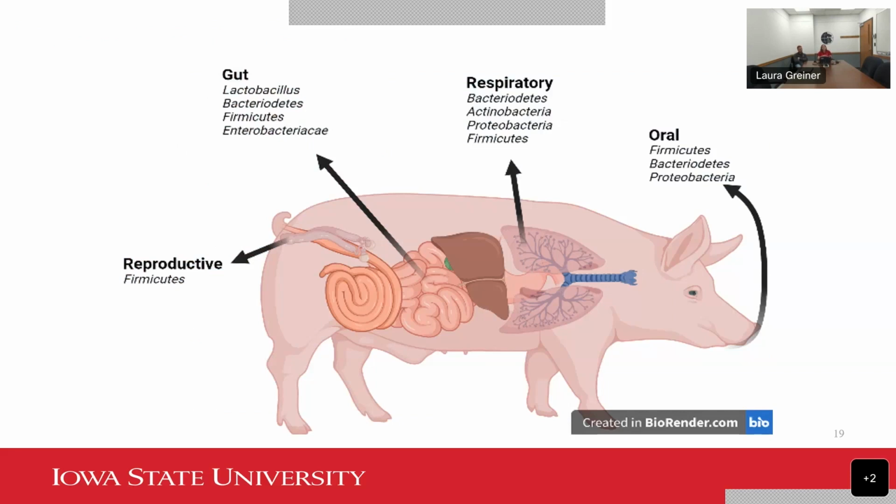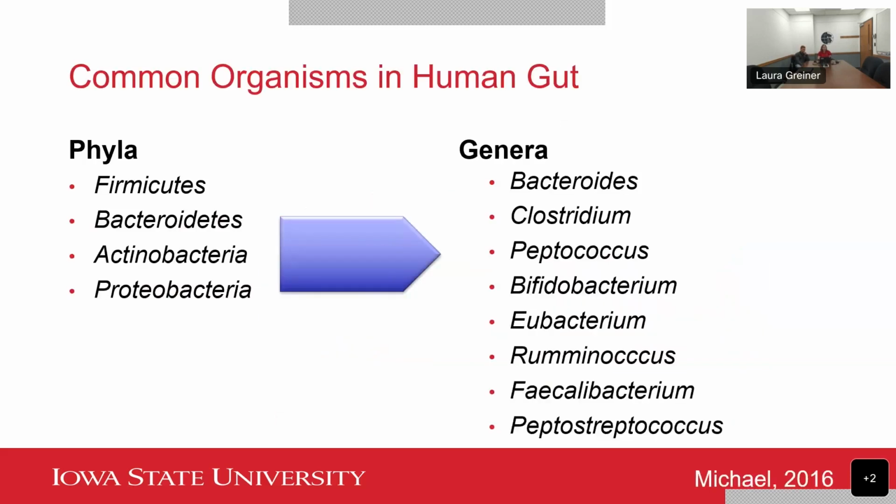When we get into respiratory, we start to see some Actinobacteria in there. The gut, Lactobacillus is going to be a common one that most of us would be familiar with, as well as Enterobacteria. And then reproductive, we see a lot of Firmicute organisms in there. So again, as we think about these different communities, we need to recognize that they don't all look the same. They all have different functions, and there are different needs for why those organisms are there.